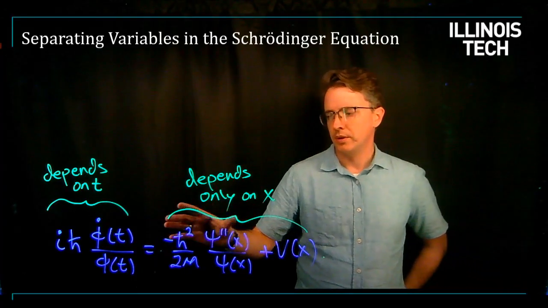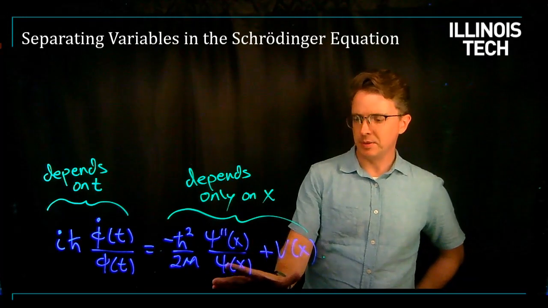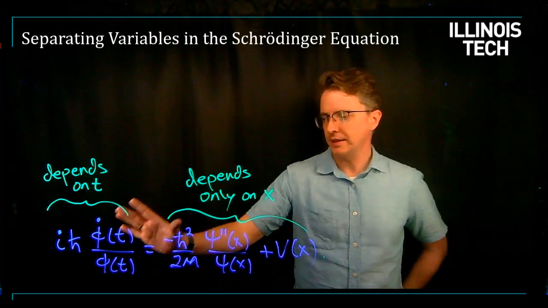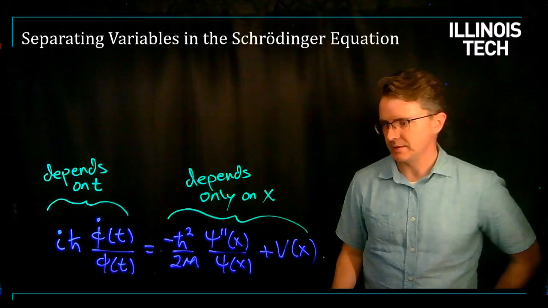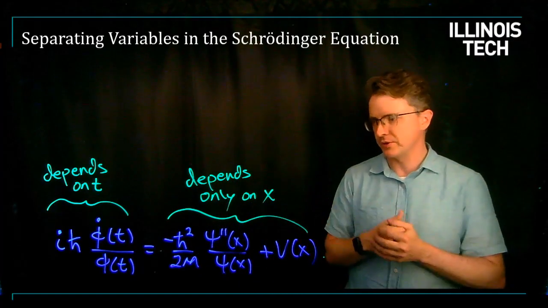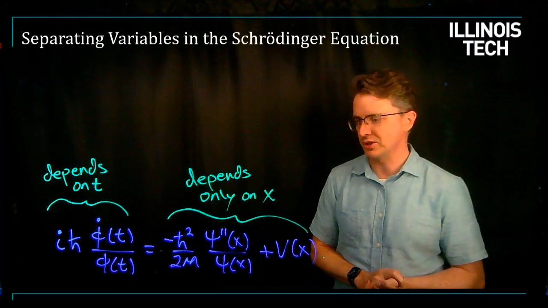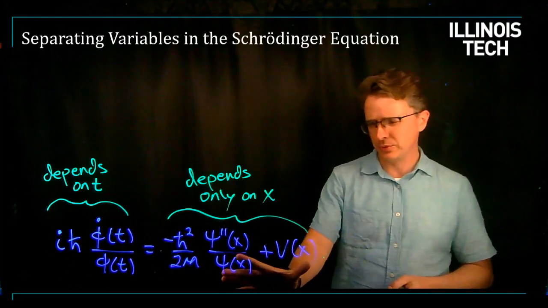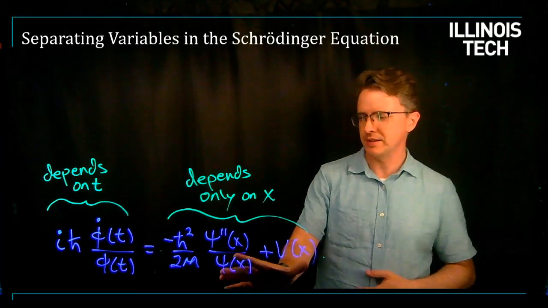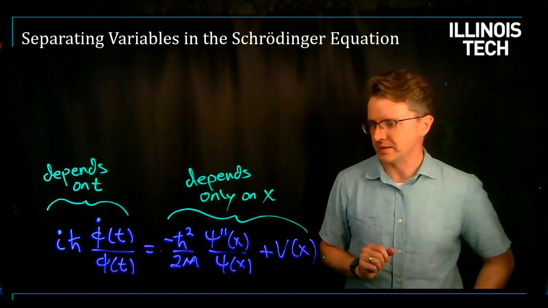So if the left side is equal to the right side, and the right side doesn't depend on t, then the left side must also not depend on t. If it's too fast, see if you can work it out for yourself. But we assumed something so that the left side doesn't depend on position. But the left side has to be equal to the right side, which doesn't depend on time. And the only way that's possible is if the left side also doesn't depend on time.